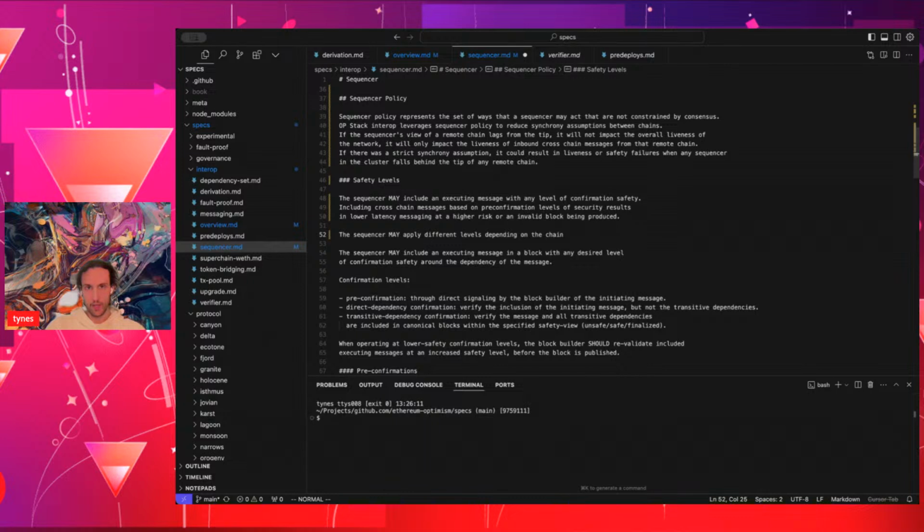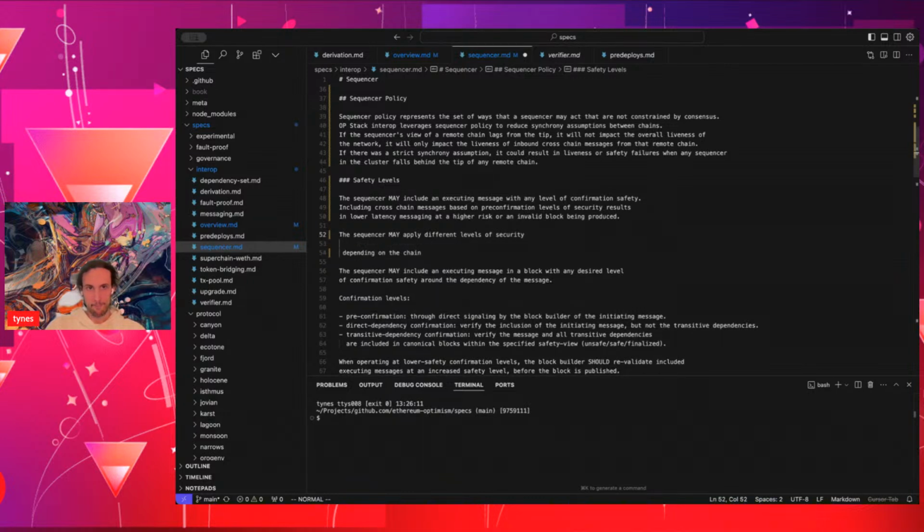The sequencer may require different levels of security depending on the source chain, depending on the source chain.